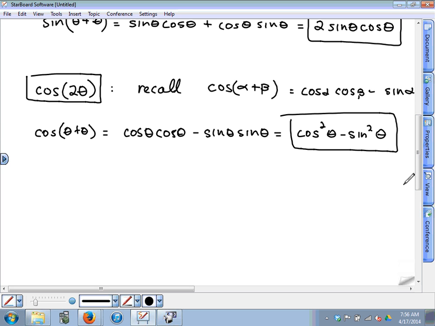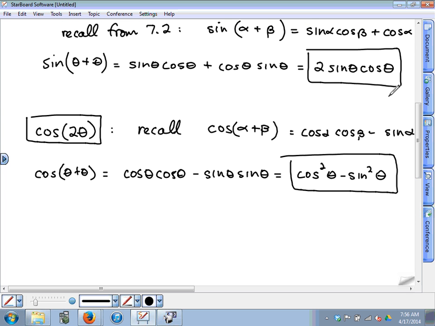Now, the nice thing, maybe the bad thing about cosine of 2 theta, we can actually change this up a little bit. With sine of 2 theta, it is what it is. 2 sine theta, cosine theta. But this other one, cosine 2 theta, has 2 other forms. I want you guys to think about it for a second. You could probably come up with this. We know some things about a cosine squared or a sine squared, so I'm going to give you a second.